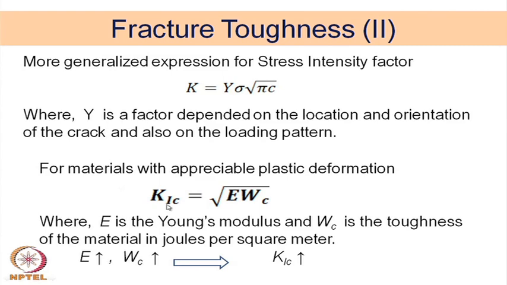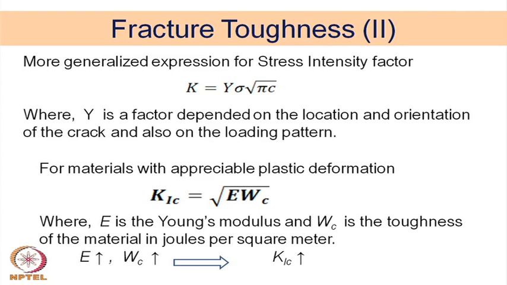Okay. So, fracture toughness is different and toughness is different. Toughness we normally define for more plastic materials or ductile materials, where the plastic deformation is large and the area under the curve is large.